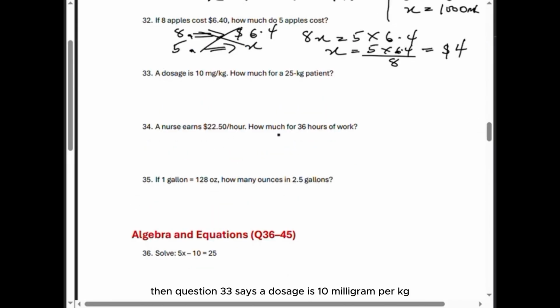Then question 33 says a dosage is 10 milligram per kg. How much for a 25 kg patient? How much means they want you to look for milligram. We are looking at these units. Easily you can play with the units: times kilogram.